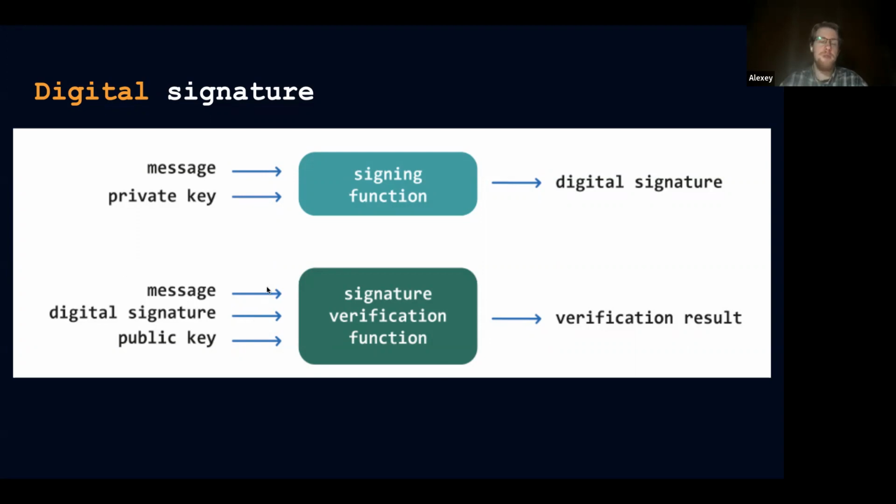So we get the original message, what was signed, the digital signature value, which can come together with the transaction or not, and the public key, and verify the signature. But of course in Bitcoin we have to hash the public key to obtain the address as well.